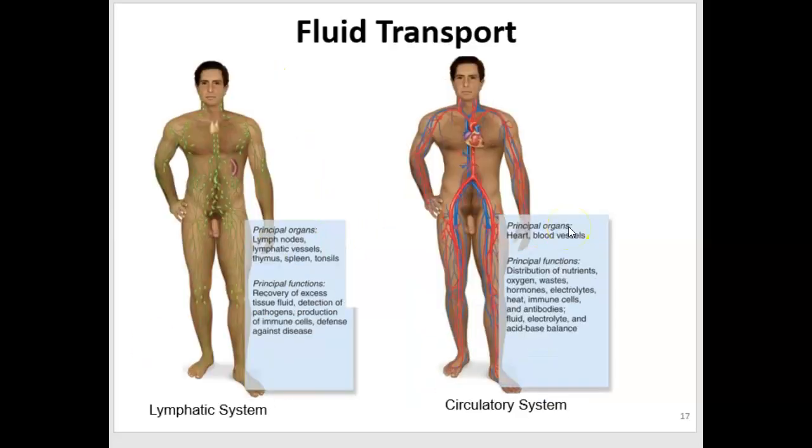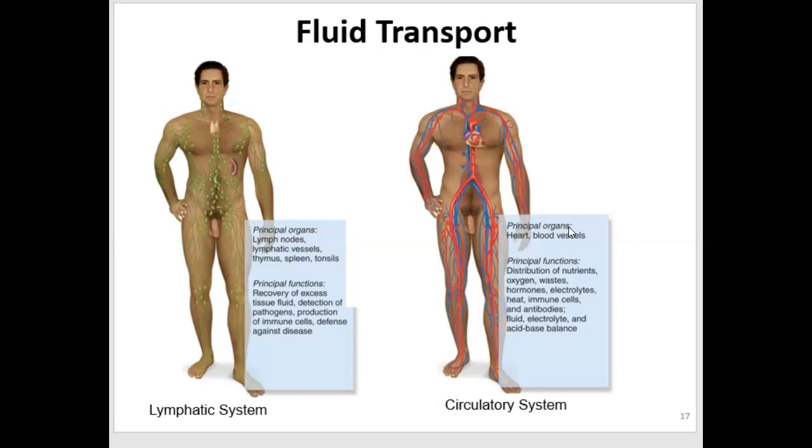There are 2 organ systems that are involved with fluid transport. You're probably most familiar with the circulatory system because the fluid inside the circulatory system is blood, and we're pretty familiar with that. One thing that's interesting though is as our blood is pumped out to our peripheral tissues, we lose a little bit of plasma to the cellular environment.